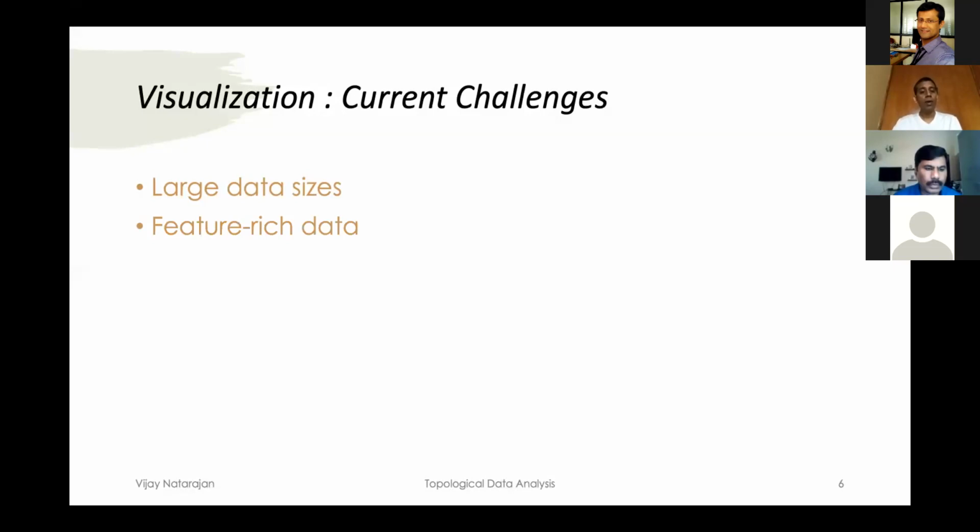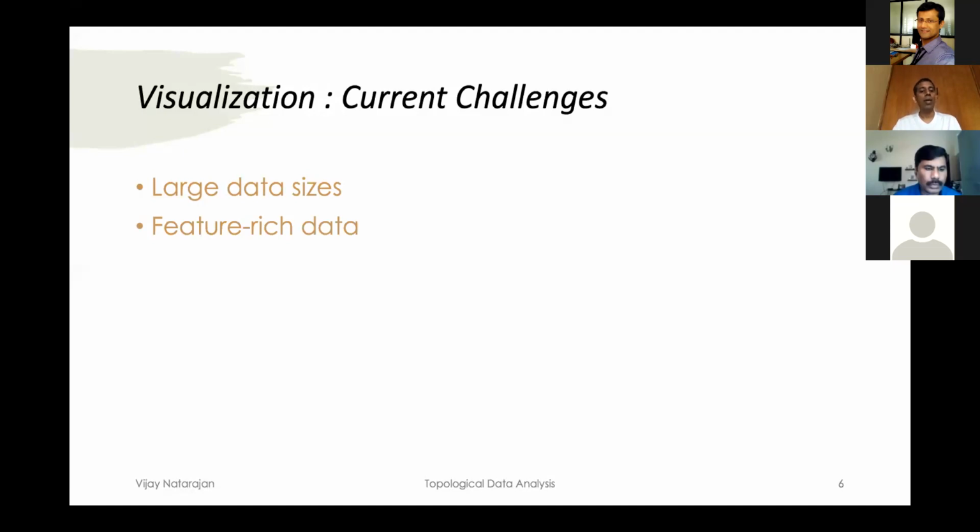More important for us is that the data is becoming feature rich. We are able to run simulations which identify features at different resolutions and with high fidelity. We would like to visualize these data, and there are lots of features, and the human is able to look at only a select number of features within the screen.